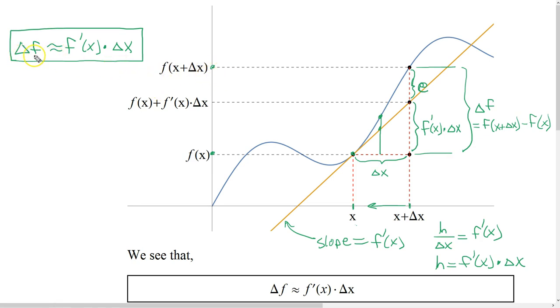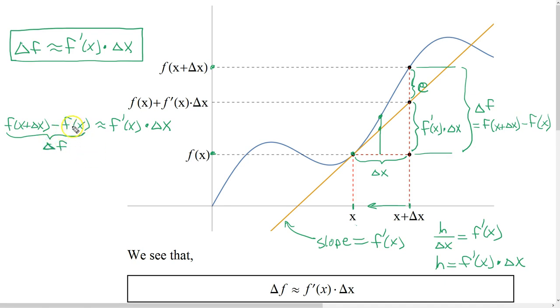Now notice one other thing. If we replace the delta f, the change in f, with this number minus this number, we obtain this, because this quantity right here is our change in f.